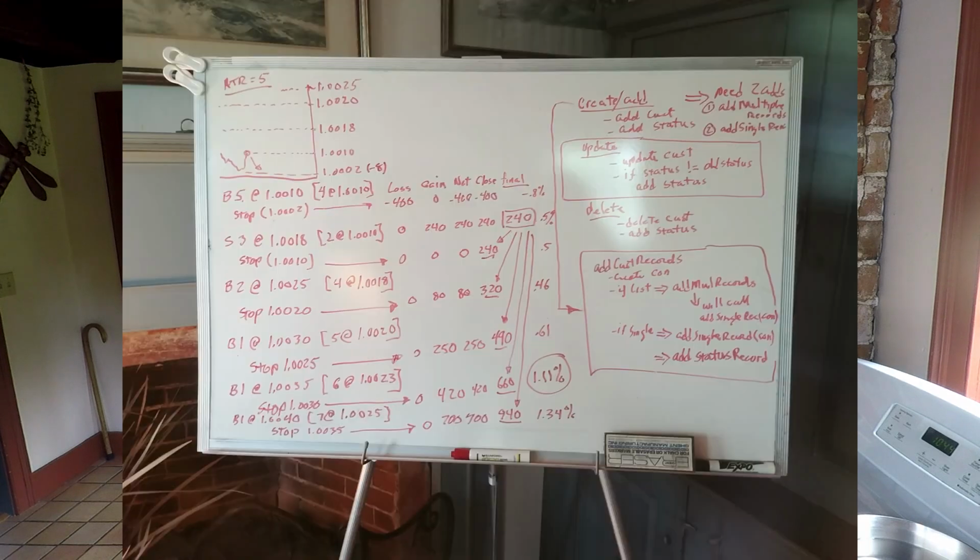I'm going to throw up a slide here that shows my initial whiteboard development of a staging in process. And I had to draw this diagram about 10 times. I had to go through these calculations about 10 times until I settled on this.